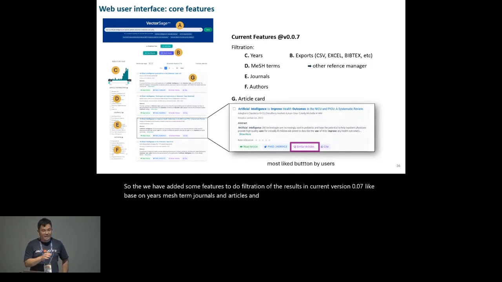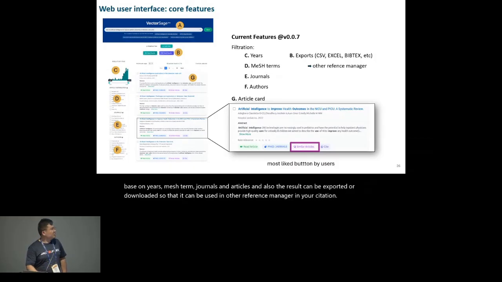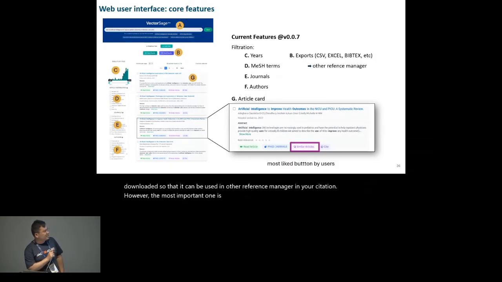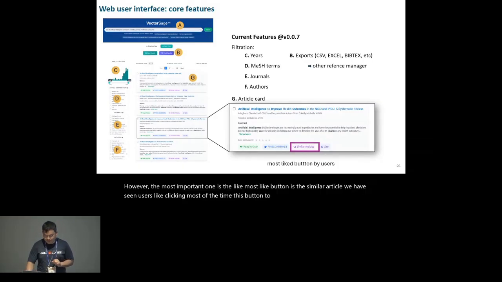And also the results can be exported or downloaded so that they can be used in other reference managers for your citations. However, the most important one is the similar article button. We have seen users clicking this button most of the time to find similar articles.